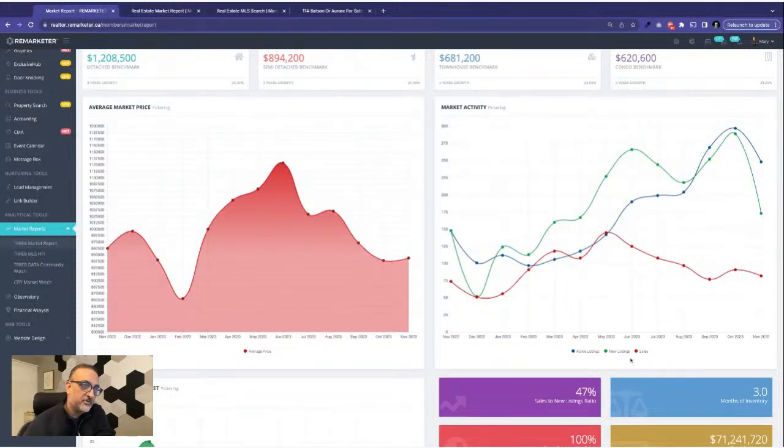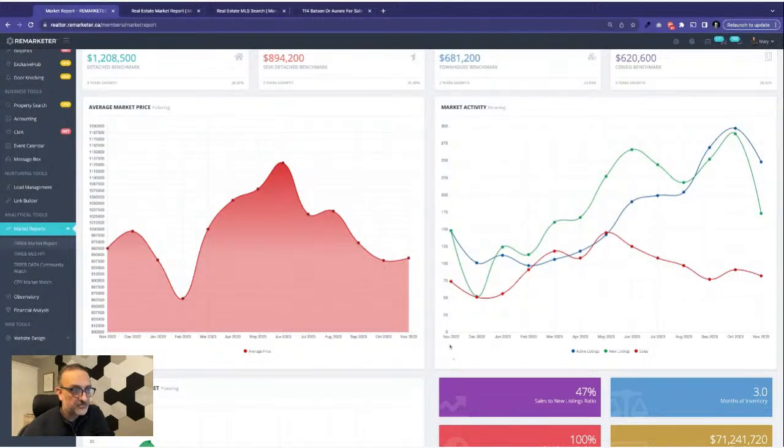Over the course of the year, we've had significant raises in interest rates, which has greatly affected the market. But you can see how things take turns and how things affect each other, and how the market is reacting to the geopolitical conditions of the market there.